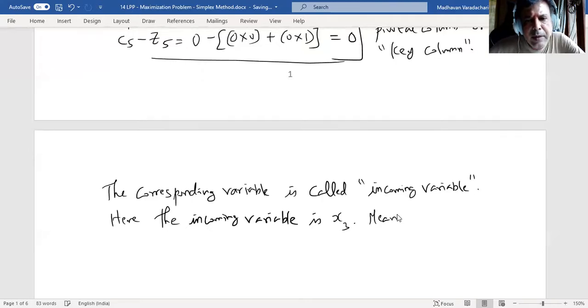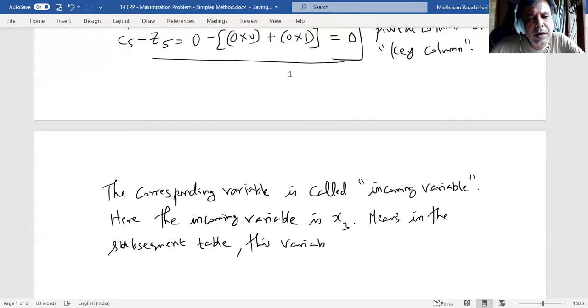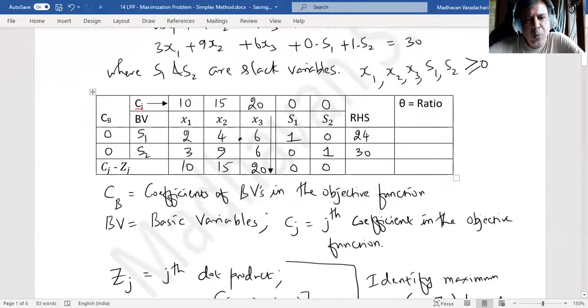Means in the subsequent table, this variable will enter the system. That is the meaning of this particular arrow mark, right?